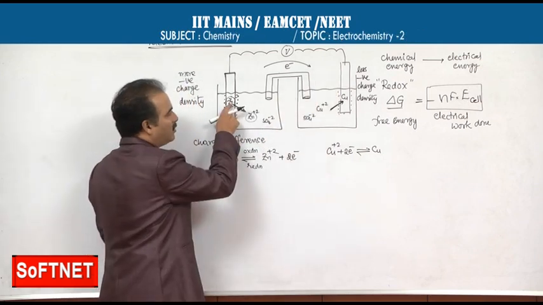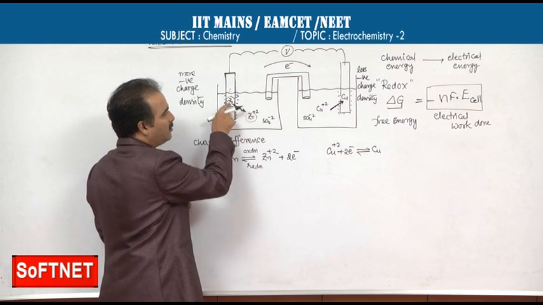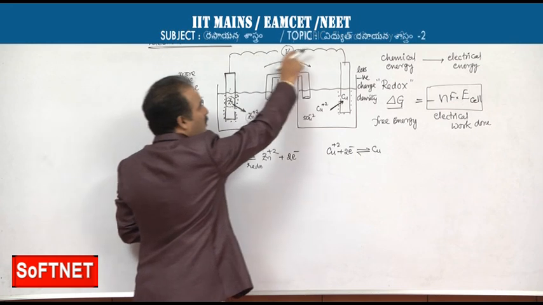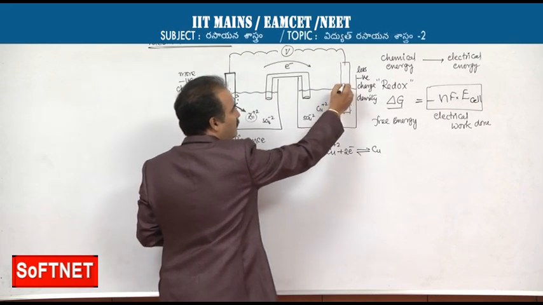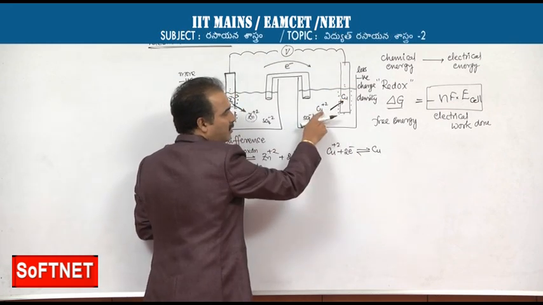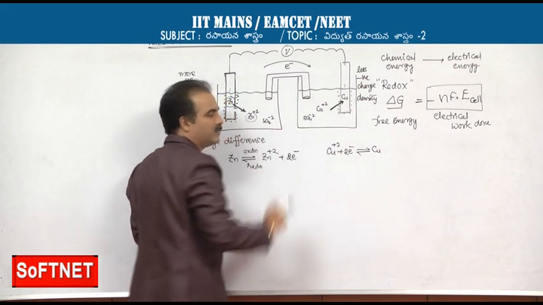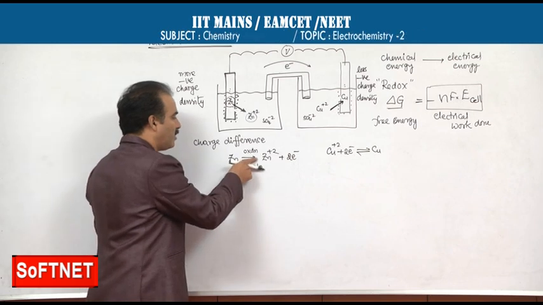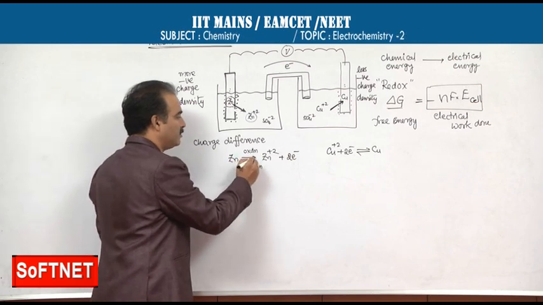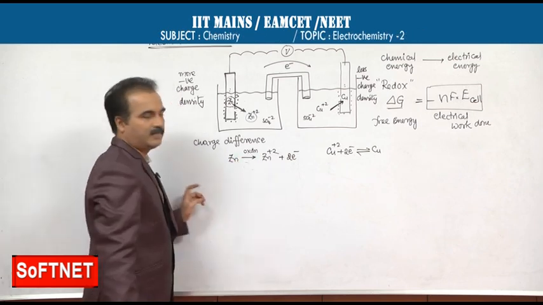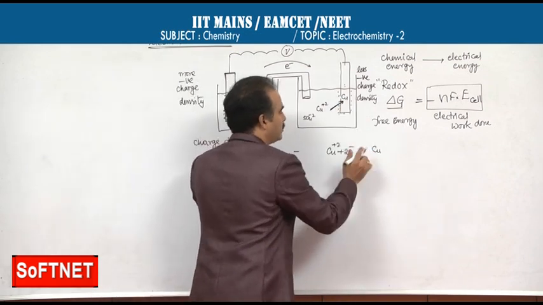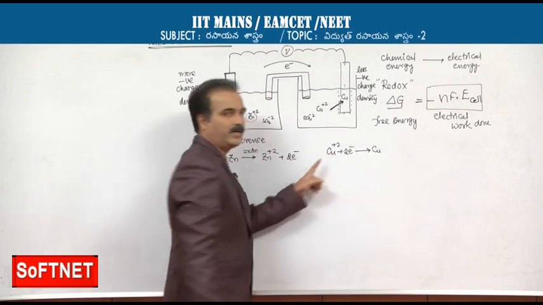This means electrons are lost by the zinc electrode, zinc passes into solution, delivers the electrons, and the electrons will reach here. When the electrons reach here, they are received by copper +2 to deposit as copper. So, here only oxidation occurs and reduction is prevented, and here only reduction occurs and oxidation is prevented.